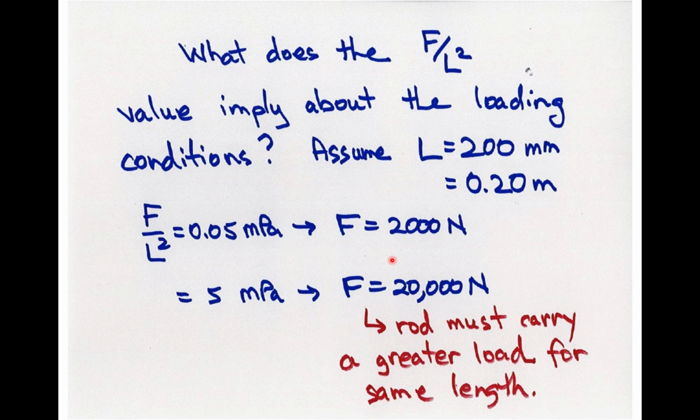So for the line associated with the 5 megapascal value, the rod has to carry a much greater load for the same length. We're expecting a lot more out of this rod in terms of resistance to buckling and resistance to fatigue, and at the same time we're trying to minimize mass.